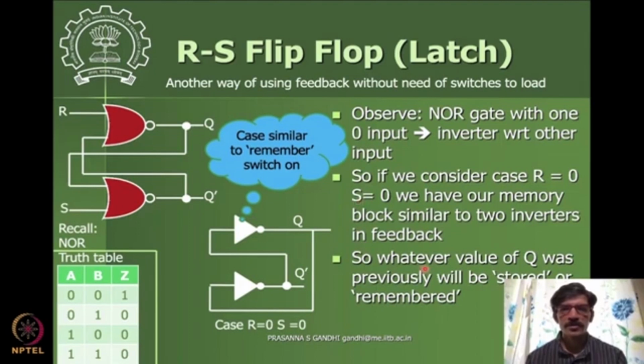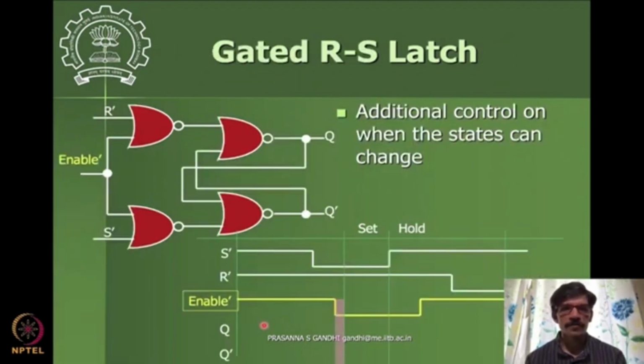We'll not get into too many details, but one can brush up and see how changes in these values cause changes in the outputs Q and Q prime. And when R and S are 0, whatever value was previously there will be remembered. That's how one can see this as a memory.